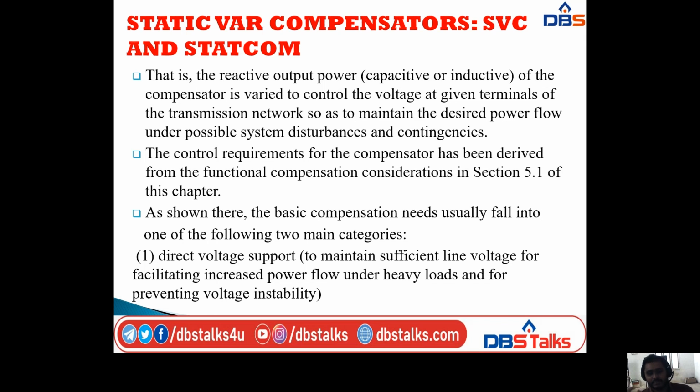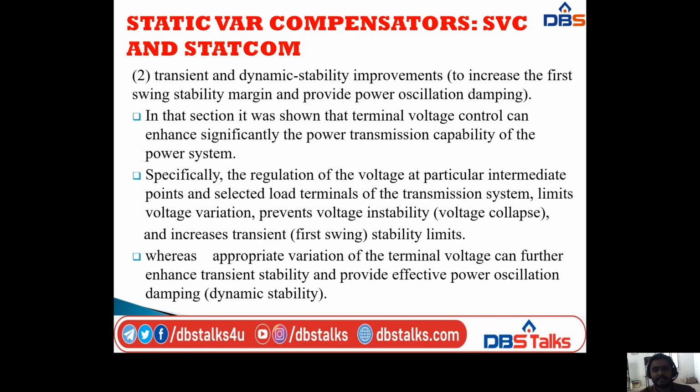First one is direct voltage support, that means to maintain sufficient line voltage for facilitating increase in power flow under heavy loads and for preventing voltage instability. And the next one is transient and dynamic stability improvement, which is used to increase the first swing stability margin and provide power oscillation damping.